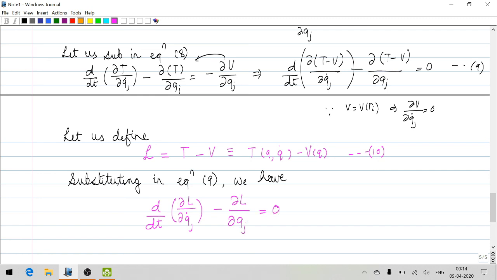This equation is termed as the Lagrangian equation of motion.